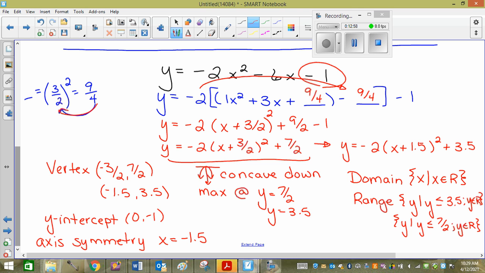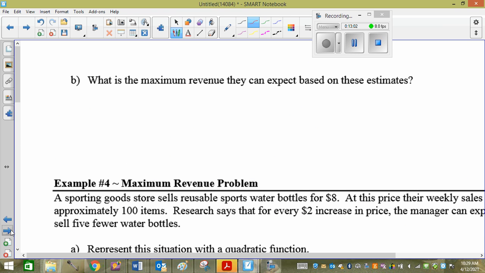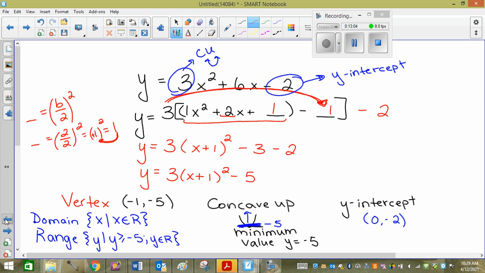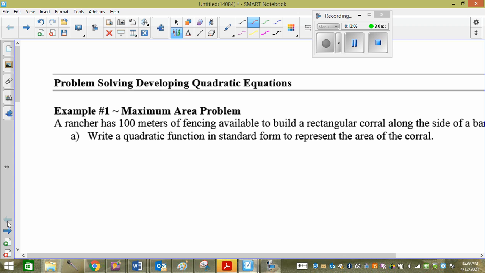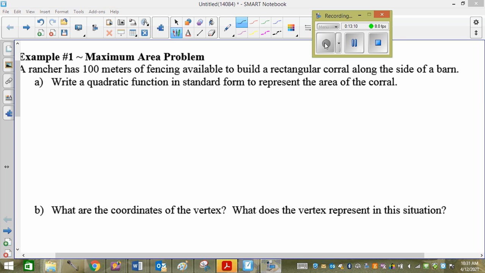All right? Can you guys open up your notes to word problems? These bad boys. So we need to make sure we're on the problem solving page, example number 1, maximum area problem. Okay, is everyone good to go? I'm going to go by the method of 2 thumbs up. Are we all good to go?